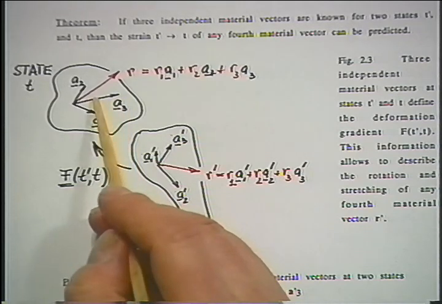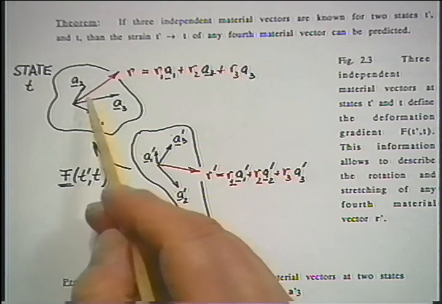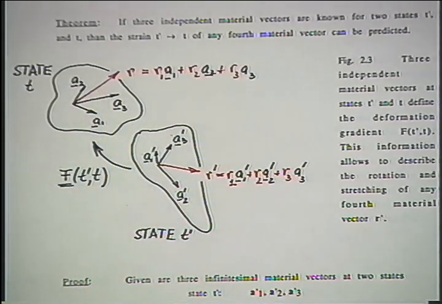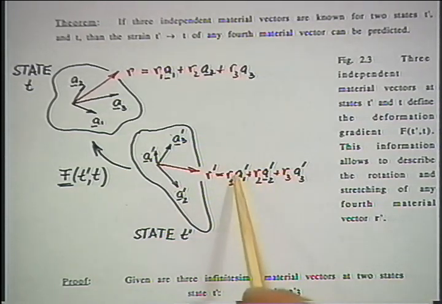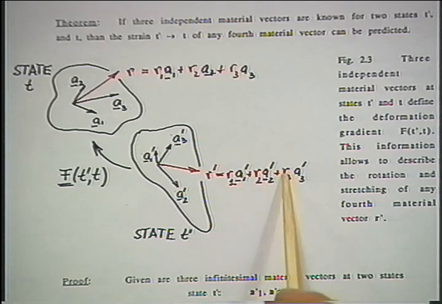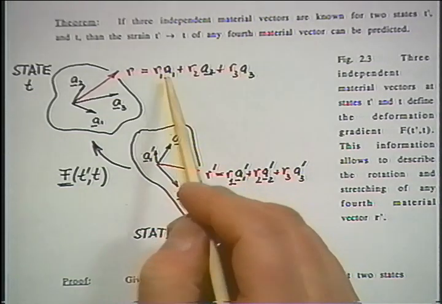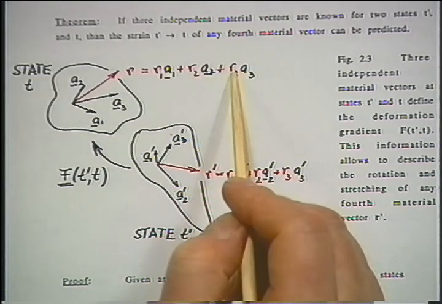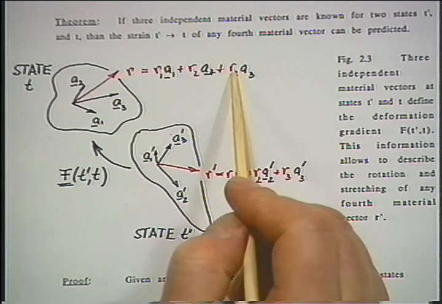So the fraction of the vectors A1, A2, A3 does not change when we deform the material. Therefore, the prefactor R1, R2, R3 is the same in the new state. It's also R1, R2, R3. It's not changing. So we are already using the concept of material vectors to formulate this relation.